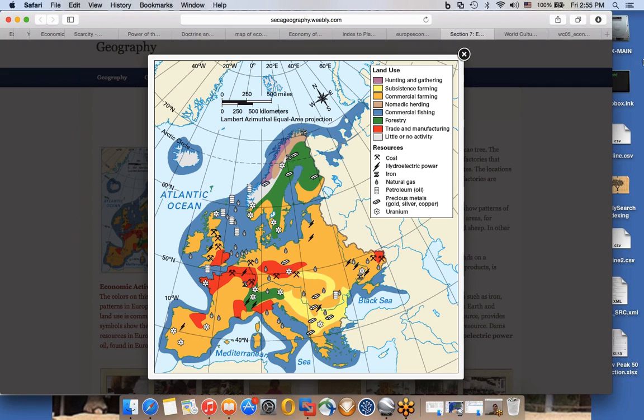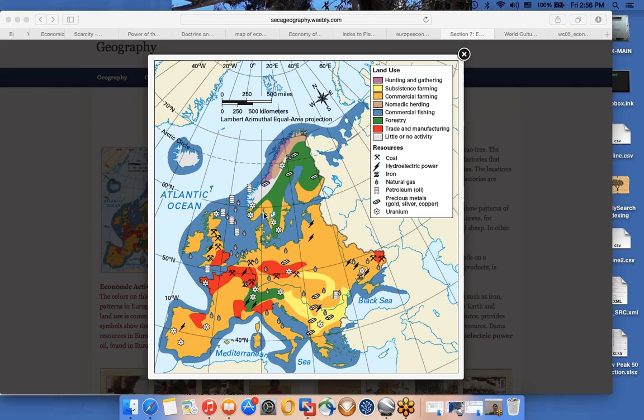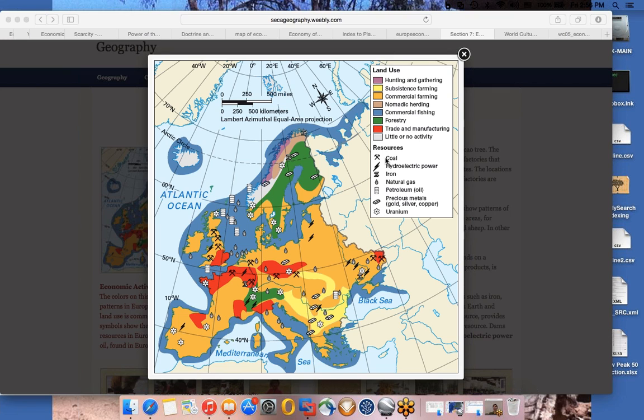Let's see, here we have another example of a map similar to that one. This one doesn't have the routes, but you see the different types of activities, and the different industries and production in the map. This one is more about natural resources: coal, hydroelectric power, iron, natural gas, petroleum, precious metals, and uranium.